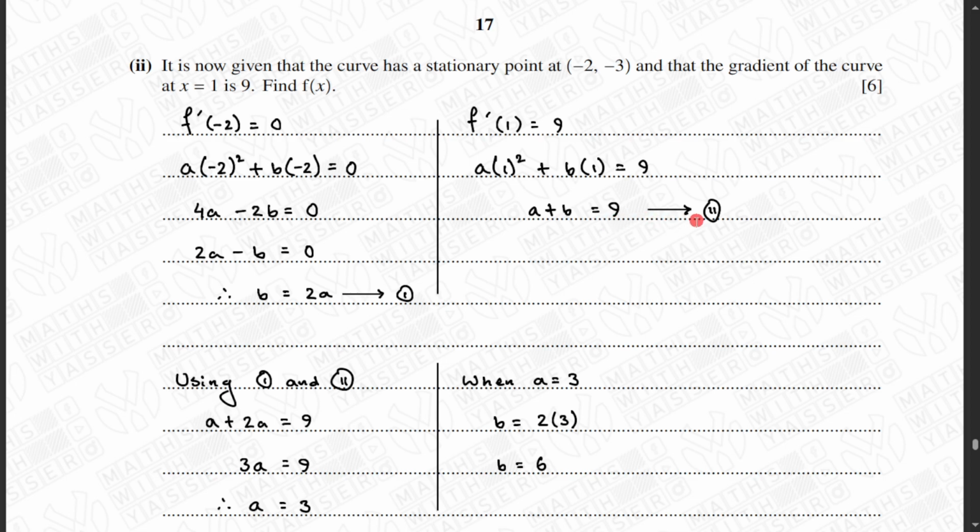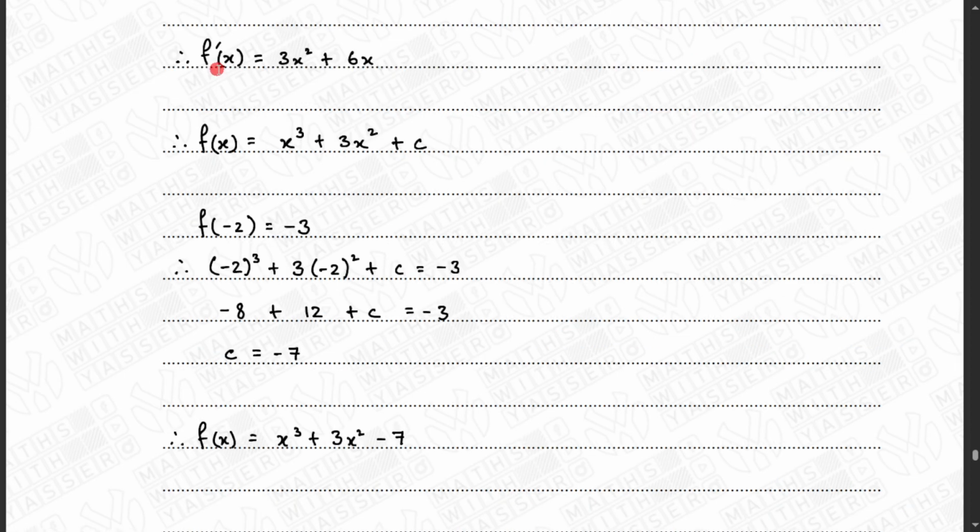Let us call this equation number 2. Using both of these equations, we get a plus 2a equals 9, since I have substituted b with 2a. Therefore, 3a equals 9, so a equals 3. When a is 3, b must be 2 times 3, so b will be 6.